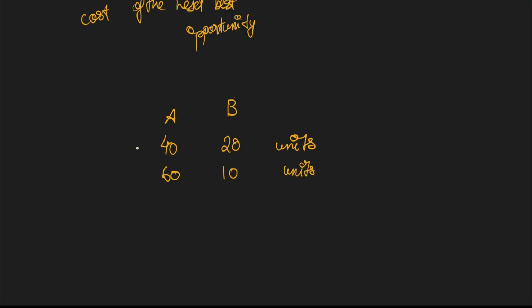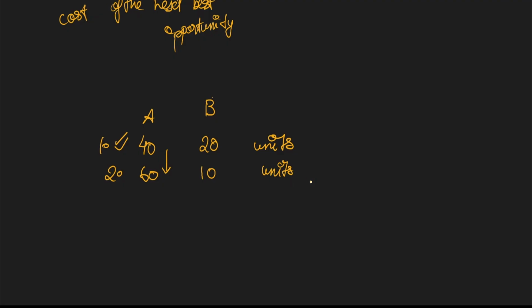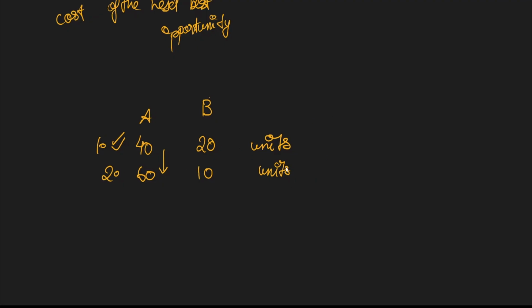Now, let's say someone is producing the first way, and now they want to increase the amount of A that is produced. So, what would the opportunity cost be?